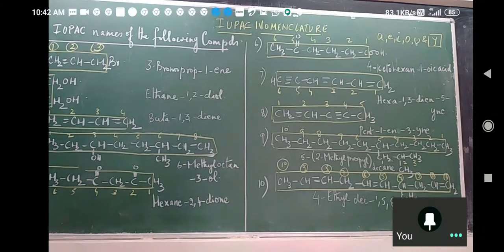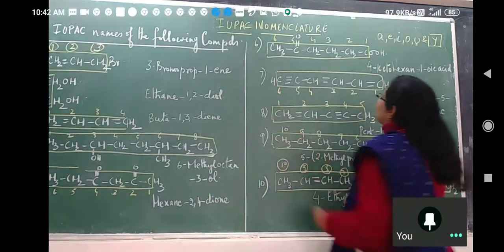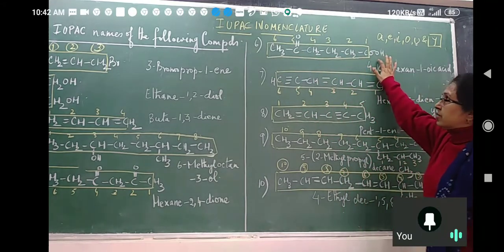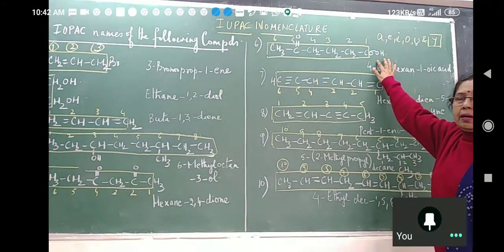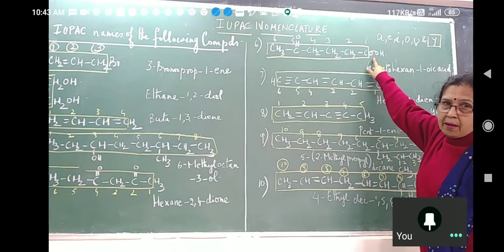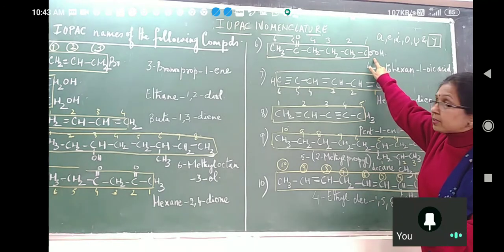All right. Okay. So let us start here. Let us come to the sixth one. Again, 1, 2, 3, 4, 5, 6 are there. Okay. What is this functional group? COOH. This is carboxylic acid.